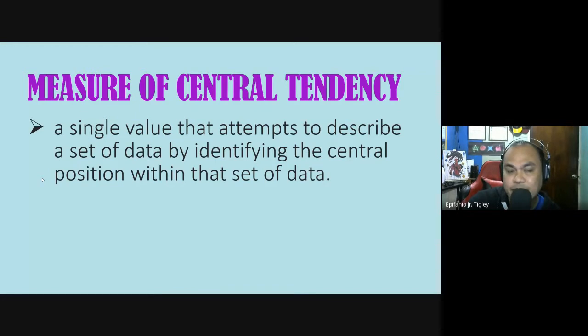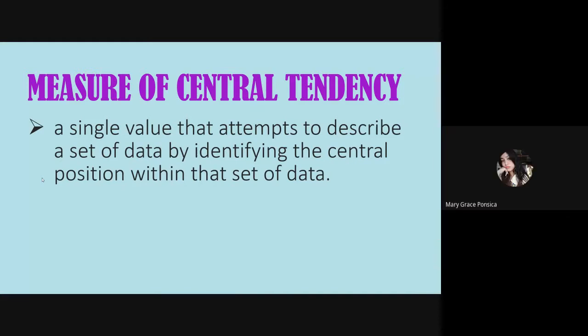Can I have another volunteer? Please read the definition of a measure of central tendency. Measure of central tendency: a single value that attempts to describe a set of data by identifying the central position within that set of data.